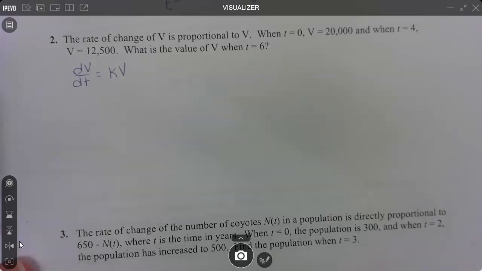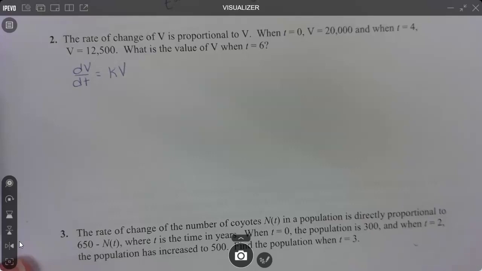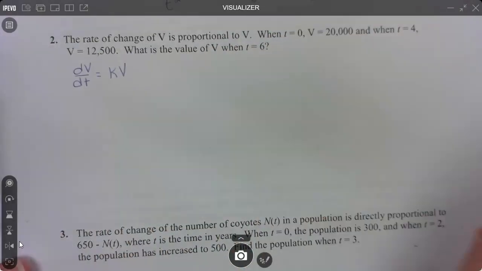When t is 0, V is 20,000. When t is 4, V is 12,500. What is the value of V when t is 6? So we need to integrate and get our equation.